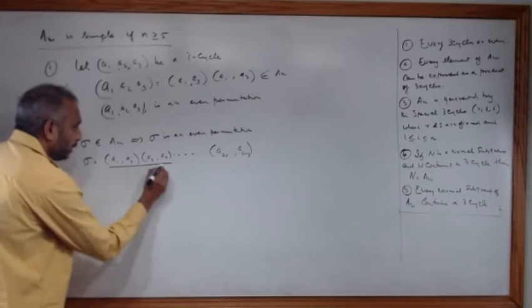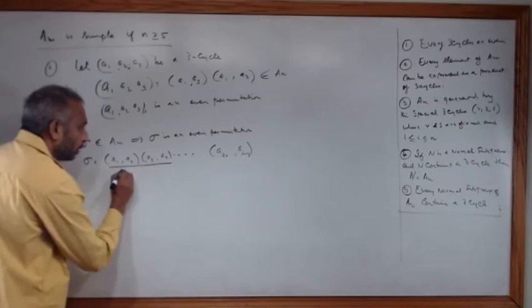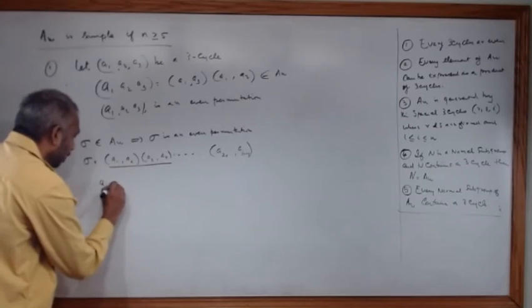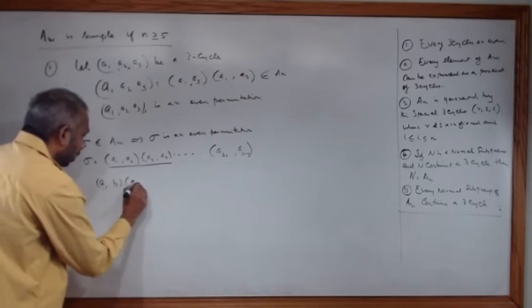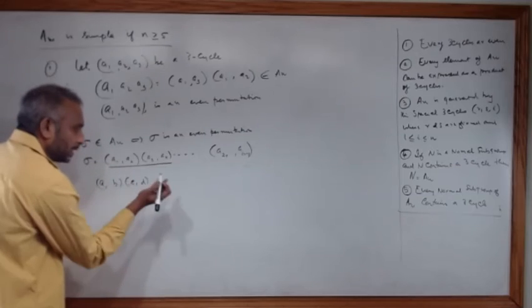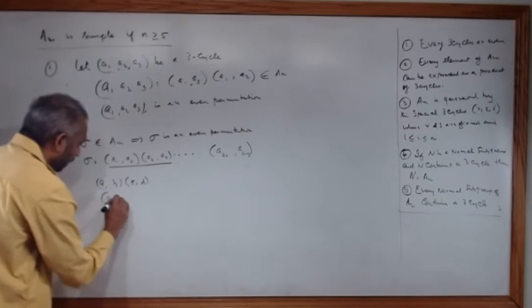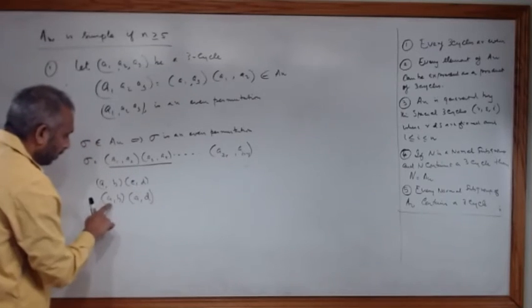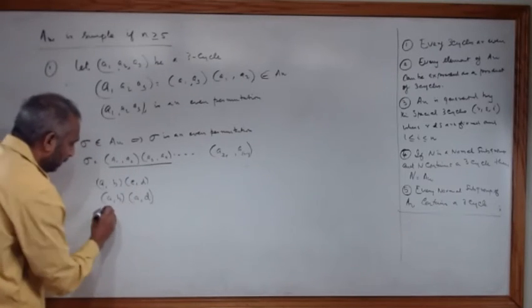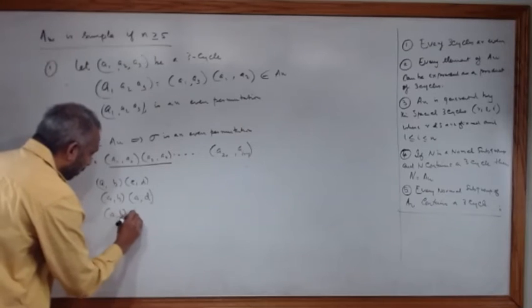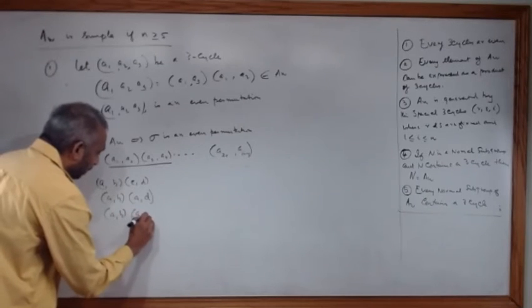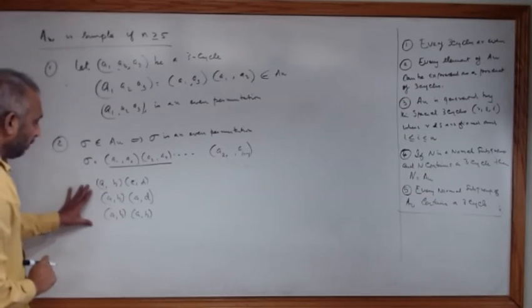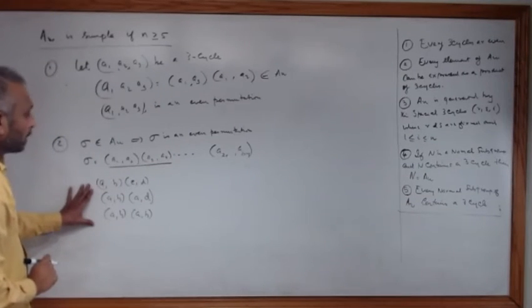So these 2 transpositions can be one of these: (A, B)(C, D), where A, B, C and D are different; (A, B)(A, D), where one of them is common; and (A, B)(A, B), where both of them are the same. There is no other way of writing 2 transpositions.